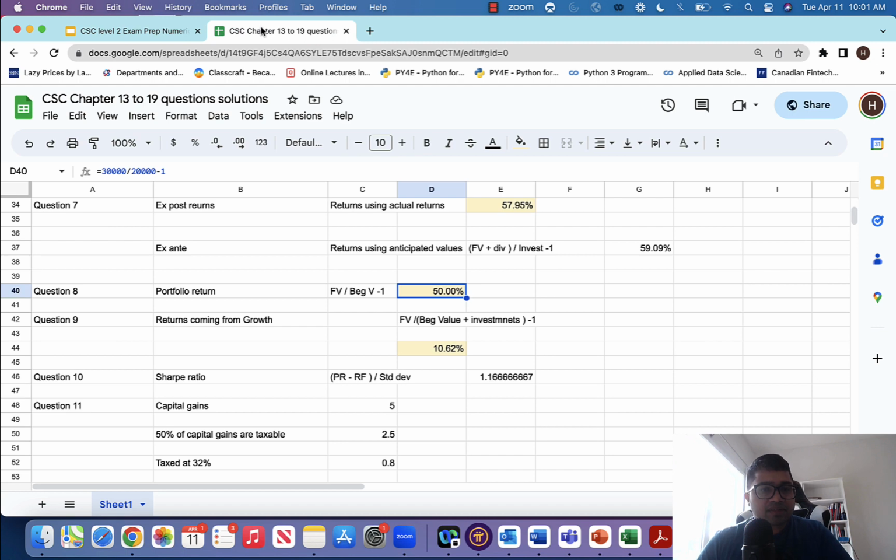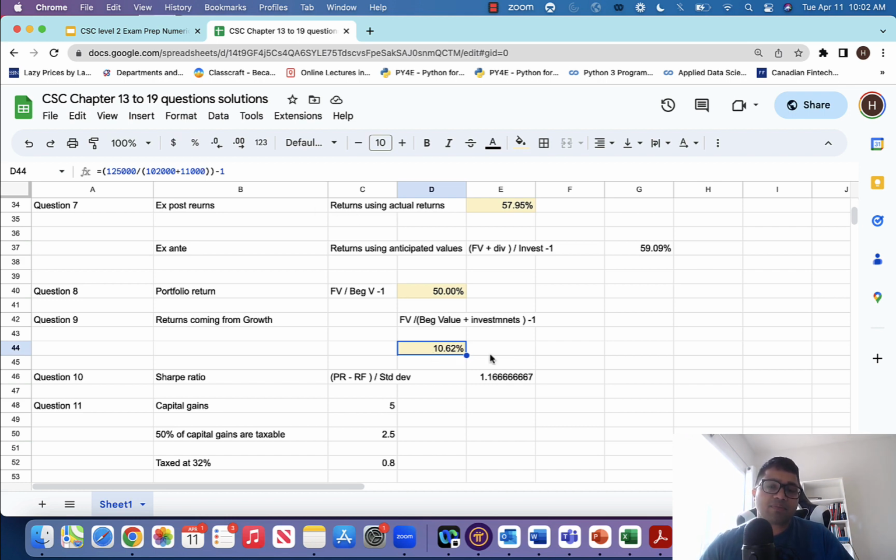So how do you solve this? They are asking returns from growth. So it is future value, right? Whatever is the fund value divided by beginning value plus the yearly investment you have made, minus 1. So it is $125,000, the value right now, divided by $102,000 value at the beginning of the year plus $11,000 of yearly investment, minus 1.